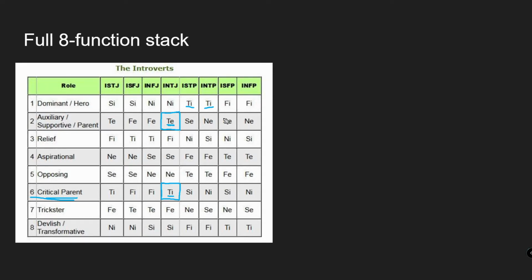Now, those are 2 ways a critical parent role will be shown. Now, let's take for example, what is another cool one? An ENTP. Let me just write down the ENTP stack. ENTP, they use NE, sorry for this abomination, NE, TI, what was the next one?